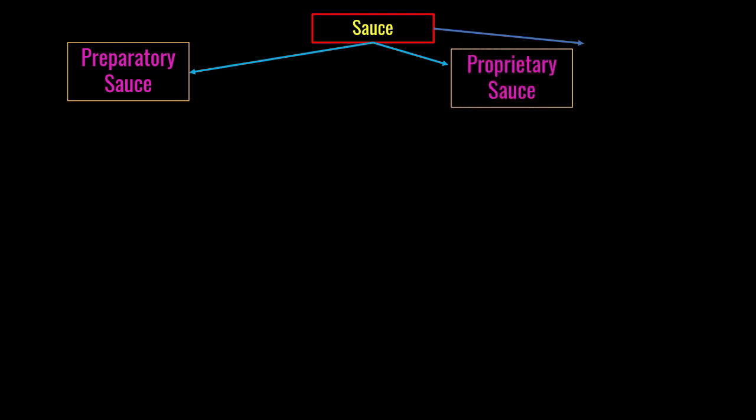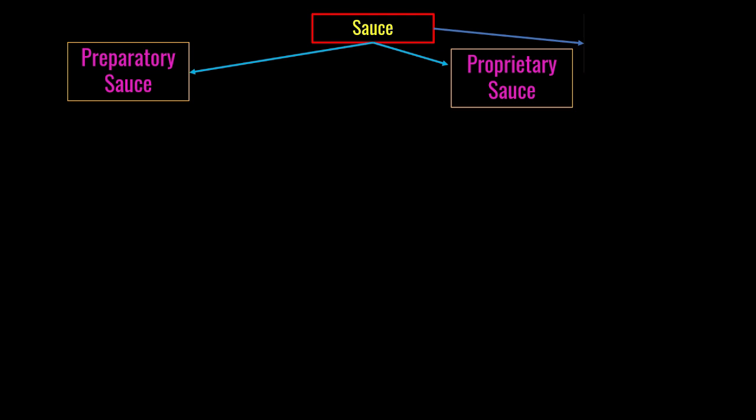The second one is proprietary sauce, the category of sauces available in departmental stores, stationery shops or different malls. You find all those sauces on their racks and pick up the bottle. Nothing has to be prepared by you. It is all available ready-made. You just purchase it, open the bottle and use it in your preparation as per your requirement. That is known as proprietary sauce.